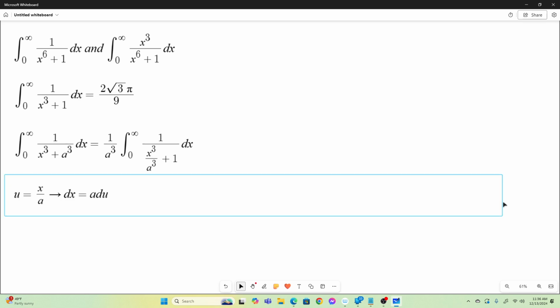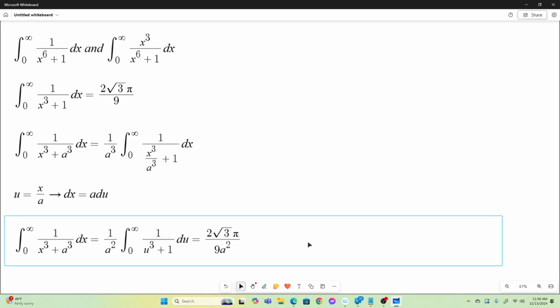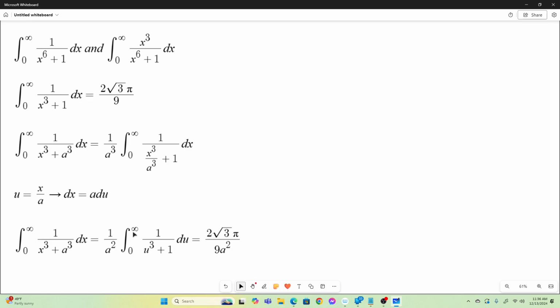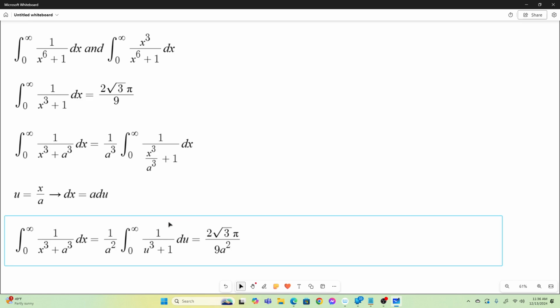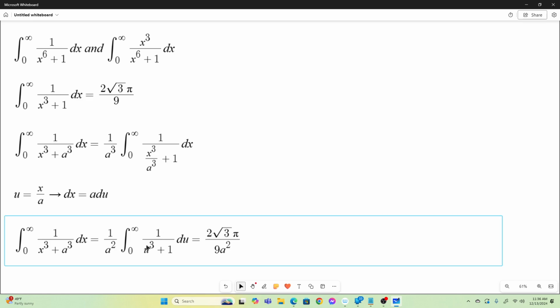And then again, just like in the last two videos, we're letting u equal x over a, and therefore dx is a du. You should see a pattern to what I'm doing here. All I'm trying to do is create an integral that basically matches this one, just times a constant.